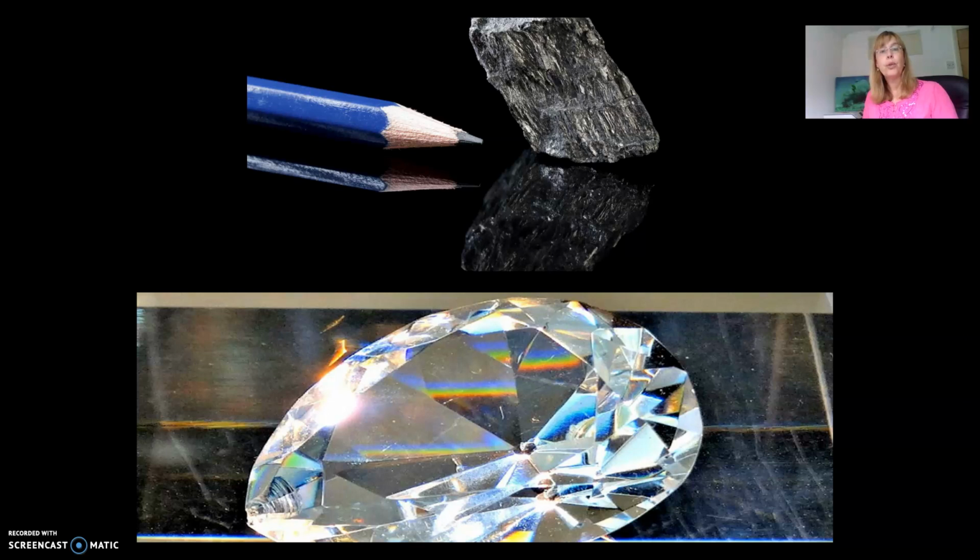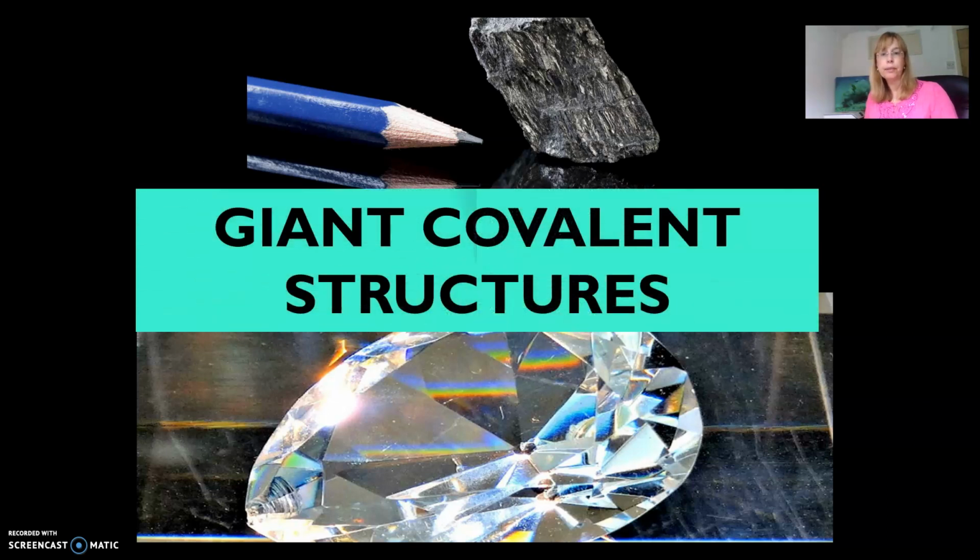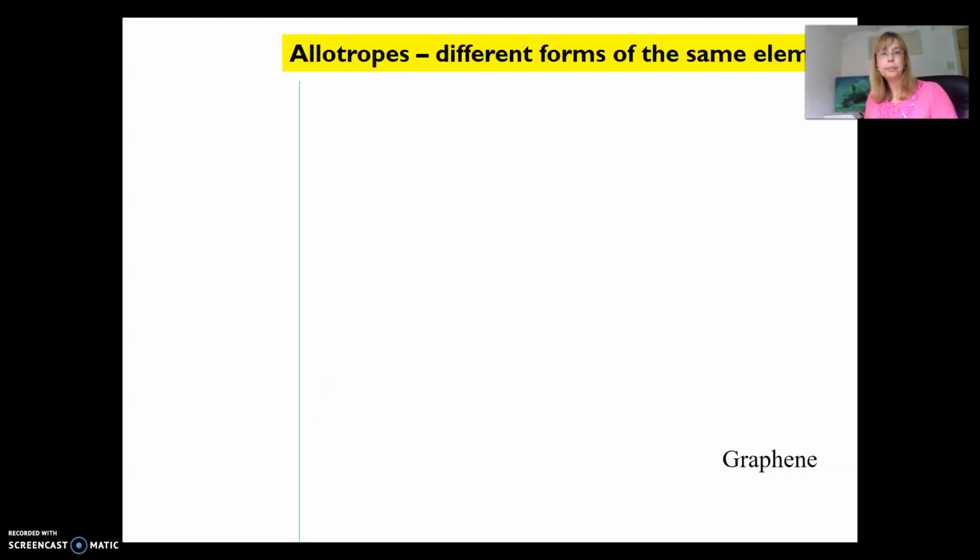Because they're both forms of carbon, but found in different forms, we call them allotropes of carbon. So allotropes are different forms of the same element.